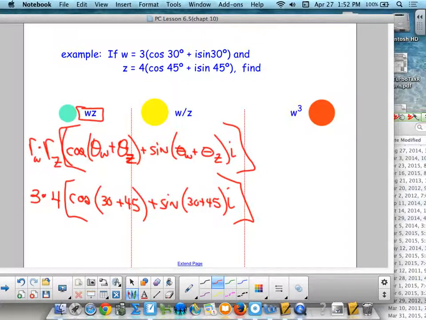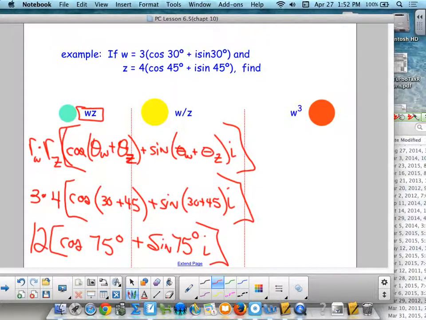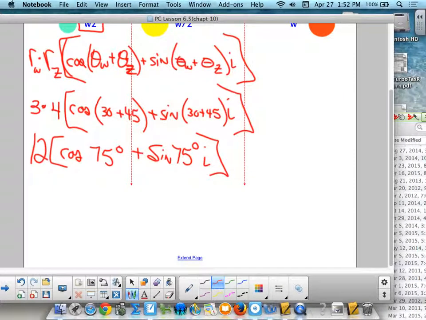So let's simplify the answer. You do get a 12, cosine of what? 75 degrees, right? Plus sine of 75 i. You're done.